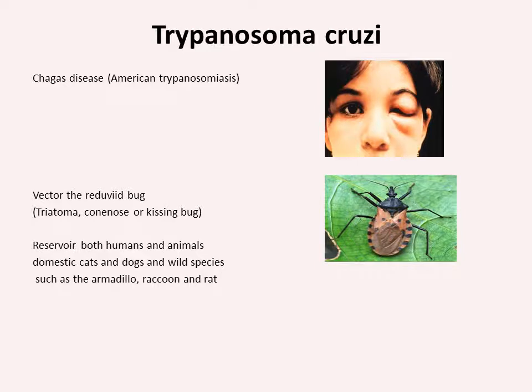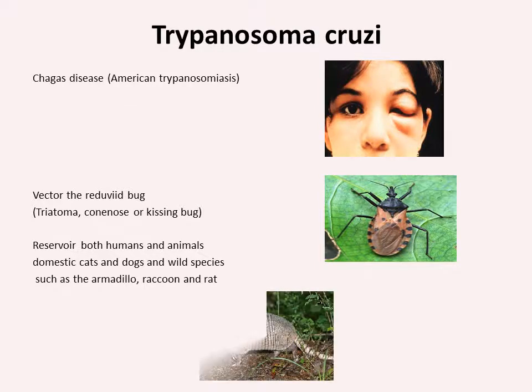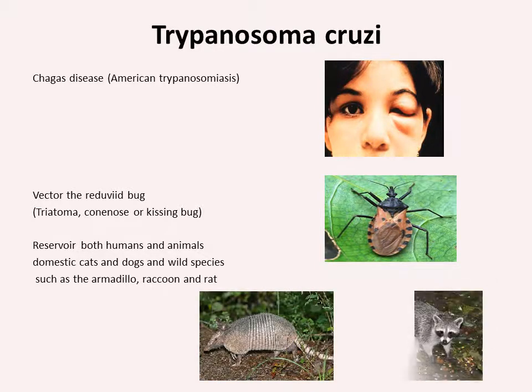Also, there is a reservoir host in the Trypanosoma cruzi life cycle. The reservoir hosts are both humans and animals. The animals are domestic cats and dogs and wild species such as the armadillo, raccoon, and rats.